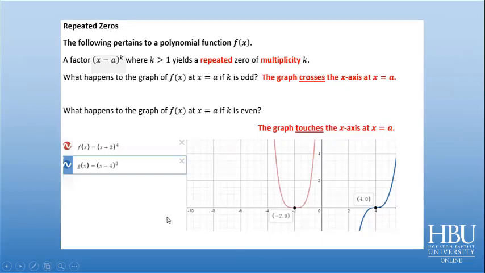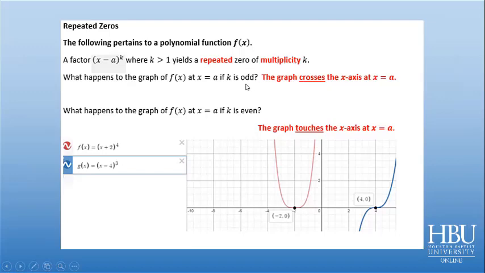Now we want to talk about what are called repeated zeros. The following pertains to a polynomial function f of x. If you have a factor x minus a raised to an exponent of k, where k is greater than 1, we say that a is a repeated 0 of multiplicity k.